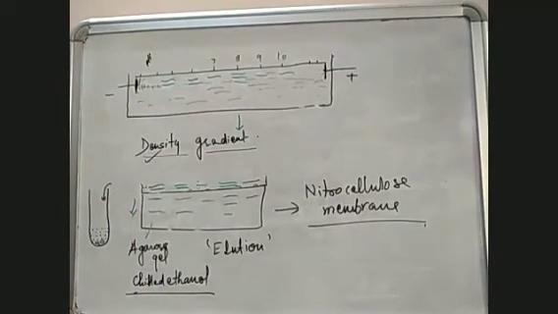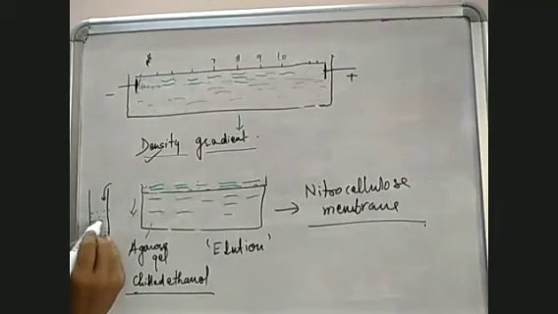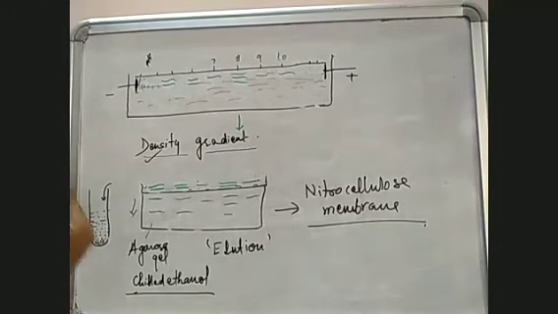When that ethanol is poured in the test tube, it makes a layer above it. That means it doesn't mix with the substance which we already have in the test tube. Now, at the boundary formed between the two substances, all the fragments of DNA come and lie at the junction.